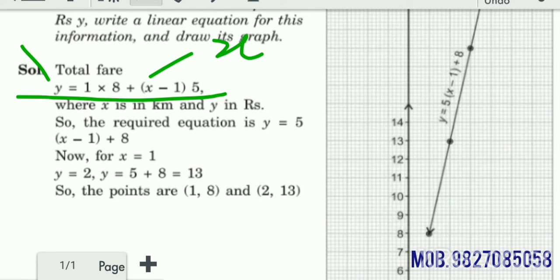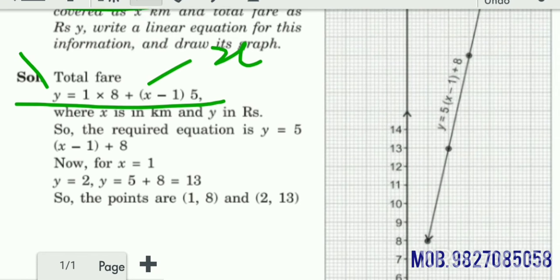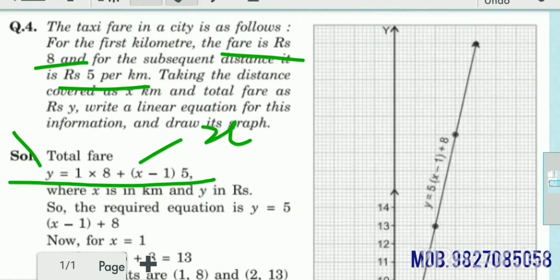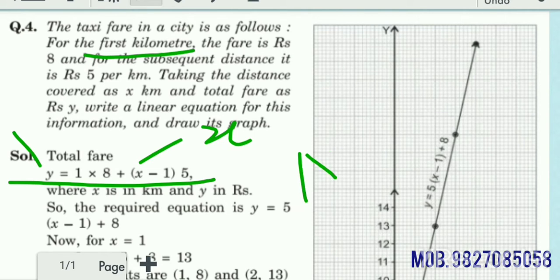So the equation, according to the question: fare of 1 kilometer, the fare of the first kilometer is 8, so 1 into 8.